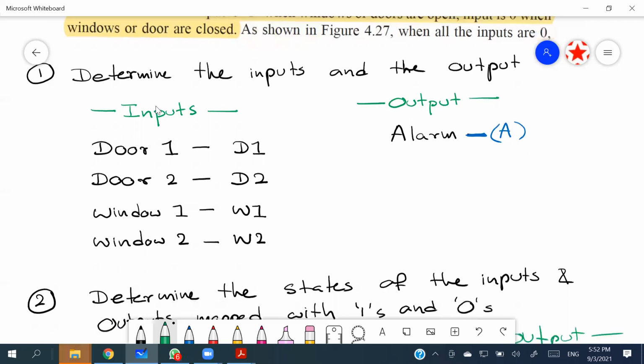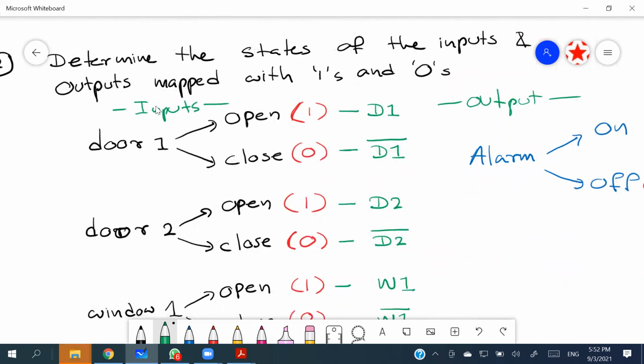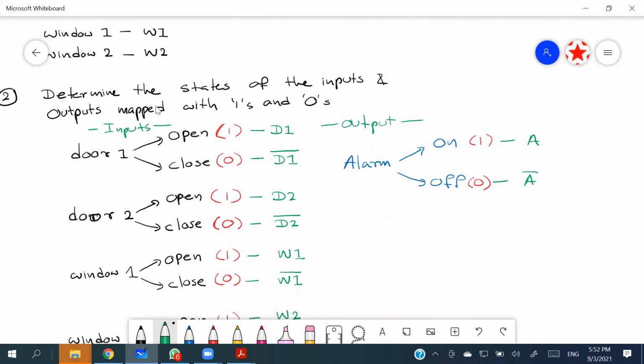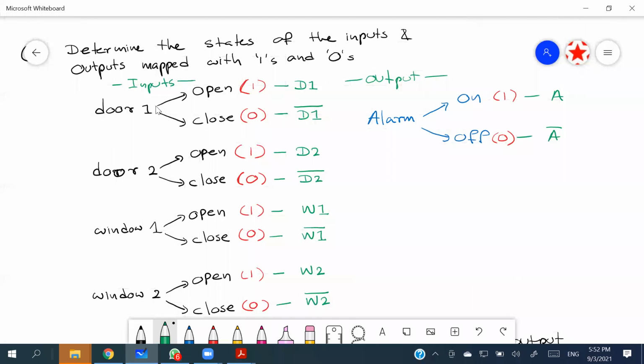So according to that, we figured out what the inputs can be and what the states of these inputs and outputs can be. Since there are four inputs, which are door1, door2, window1, window2, denoted by D1, D2, W1 and W2, we figured out there are two states, open and closed, for each and every door and window, right?